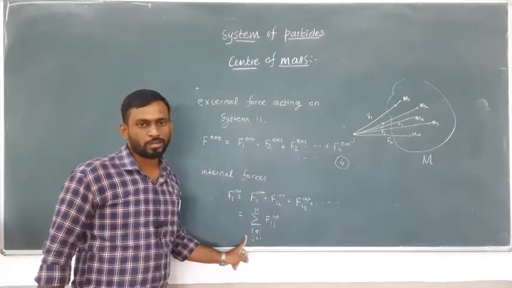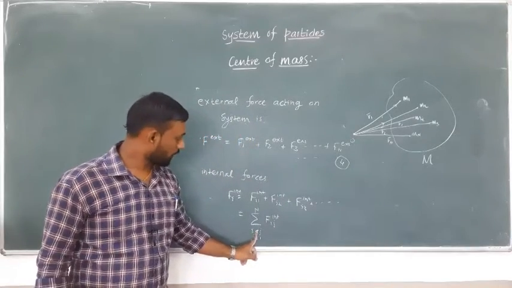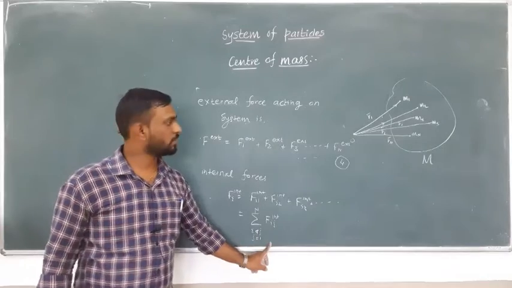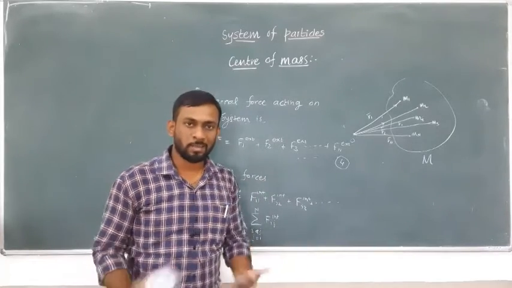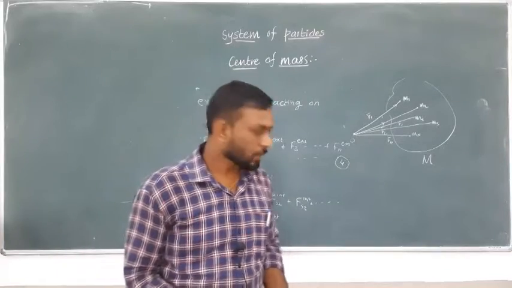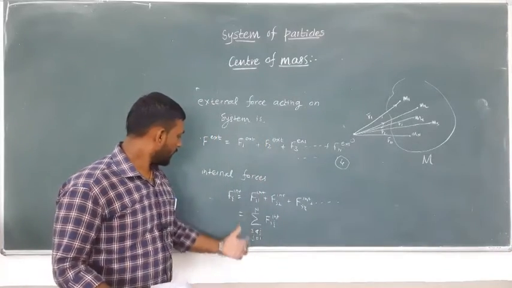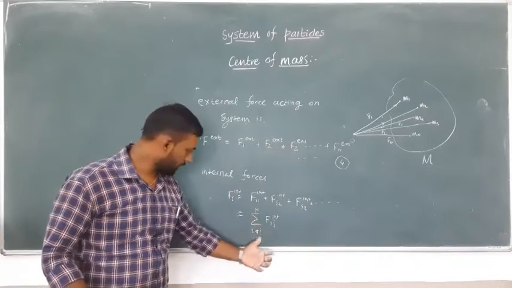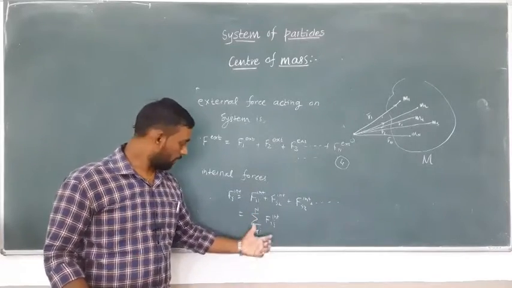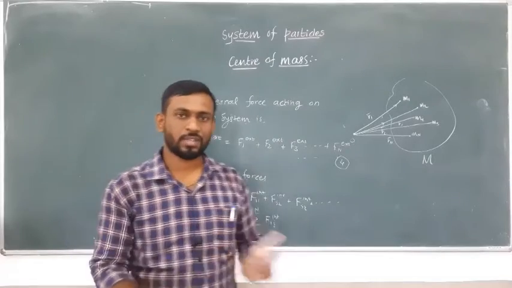So in order to avoid such ambiguity, I avoid this by writing i is not equal to j. If we consider the second particle, the force cannot be experienced by the same particle with respect to itself. So in order to avoid such a condition, I write i is not equal to j and j runs from 1 to n. Obviously i also runs from 1 to n, but those i and j values are not the same.